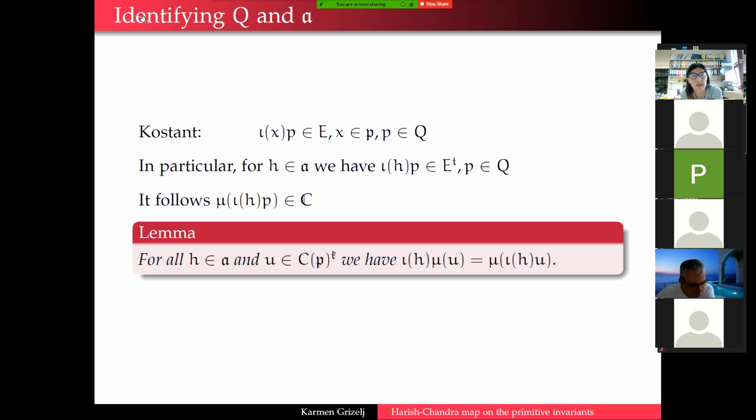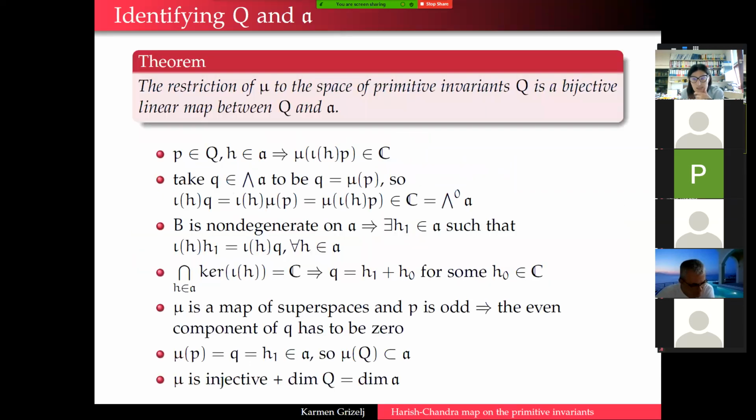Well, I already put some spoilers, since I wrote identifying Q and A. So yeah, that will be the main result, that the Harish-Chandra map actually gives a bijection between primitive invariants and the commutative part of... well, okay, I think we're ready to get to the main result.